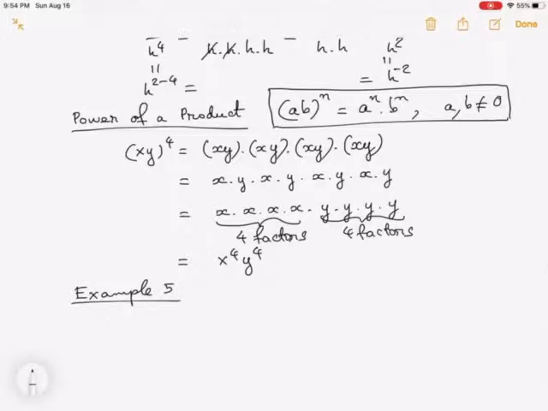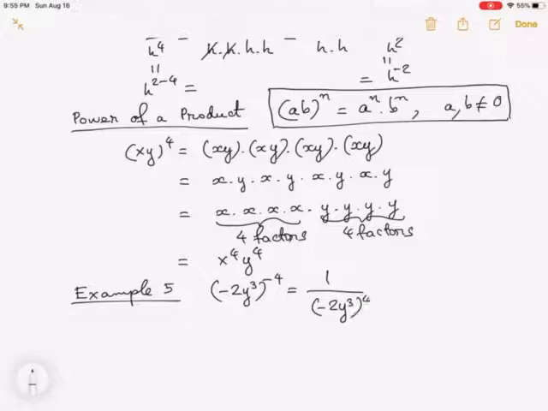Example 5. Minus 2y cubed to the power negative 4. First, we use the negative power rule.